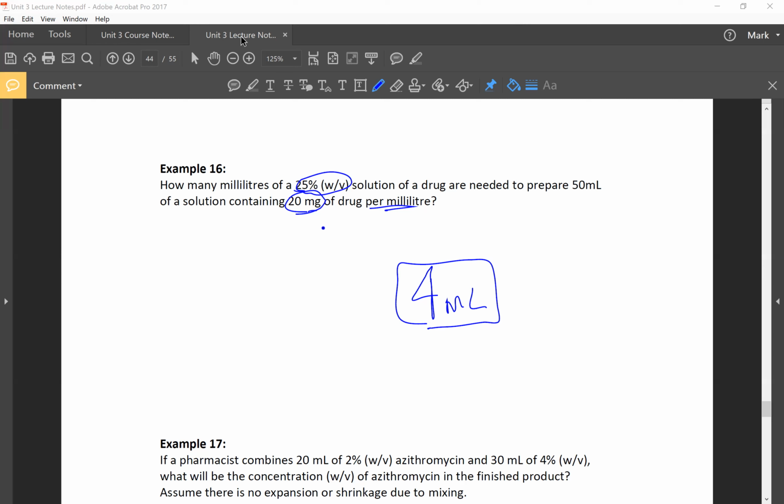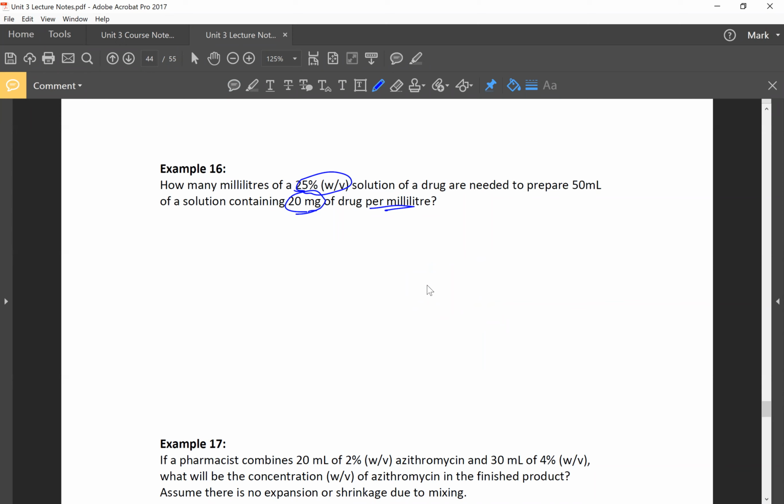All right, let's look at the answers to this one. I didn't get anybody else saying 4, but this one's a little easy. The trick to this one, like I mentioned at the beginning, is that the concentrations are not the same. You can't compare 25% weight over volume to 20 milligrams per milliliter.